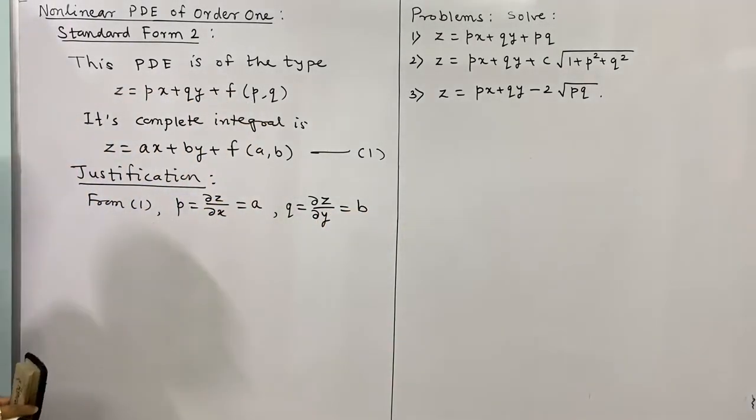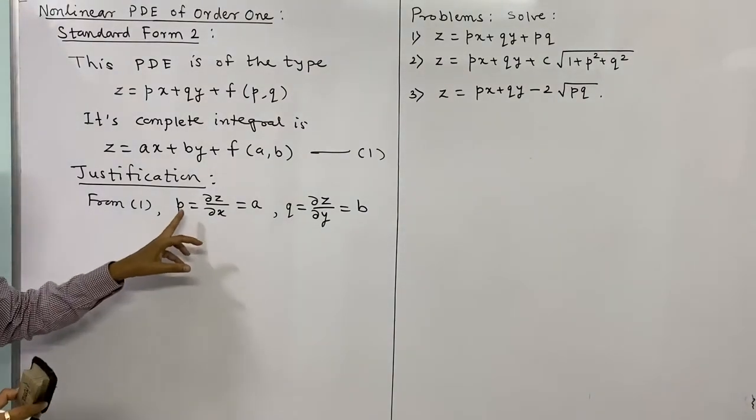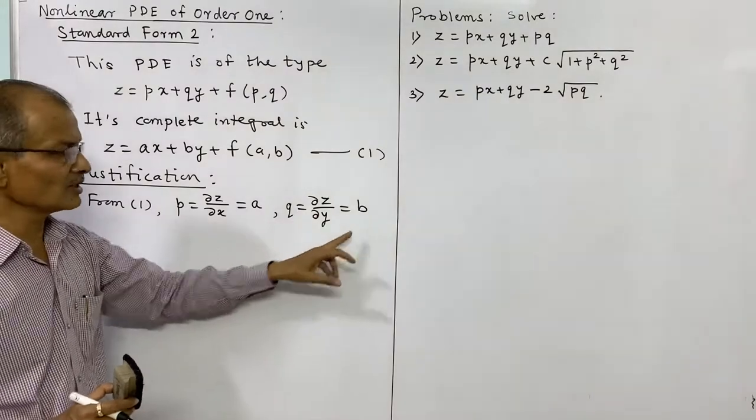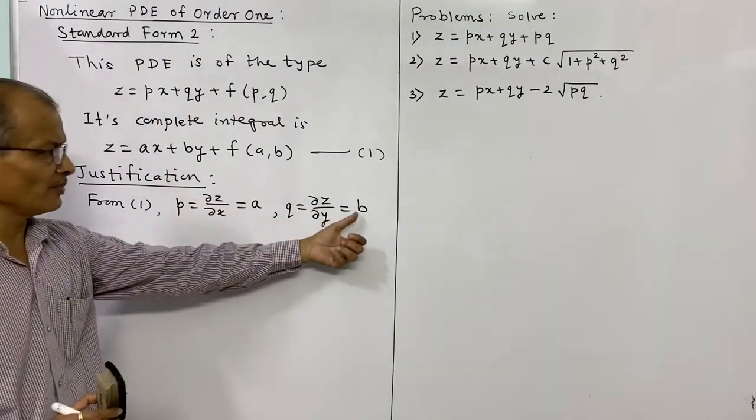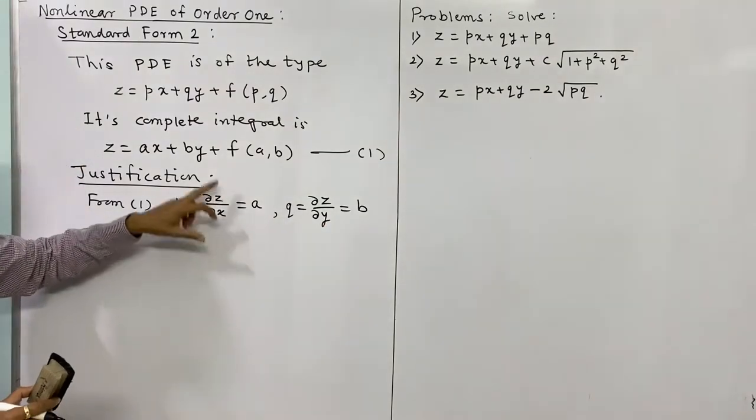a and b are arbitrary constants, and thus we have p is equal to a and q is equal to b, or in turn a is equal to p and b is equal to q, and we put these values in 1.